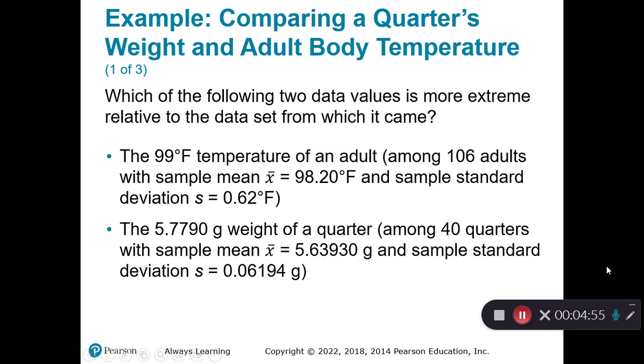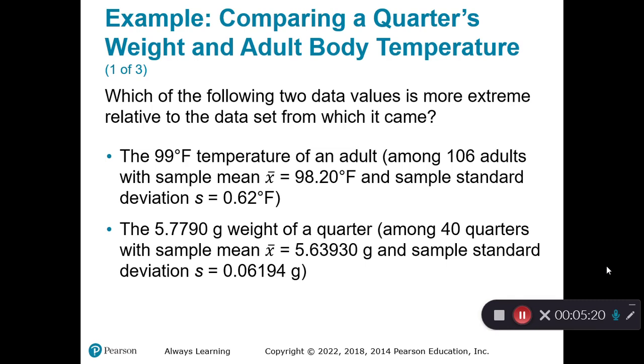Let's take a look at an example so we can use the formula to calculate the z-score. The question is, which of the following two data values is more extreme relative to the data set from which they came? So we have that the temperatures for adults have a sample mean of 98.2 degrees Fahrenheit.